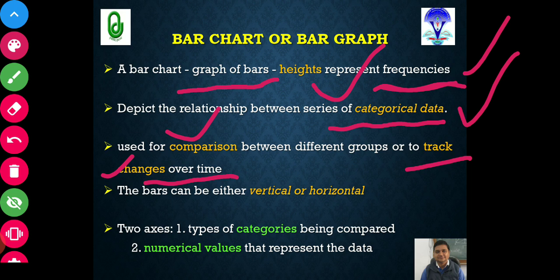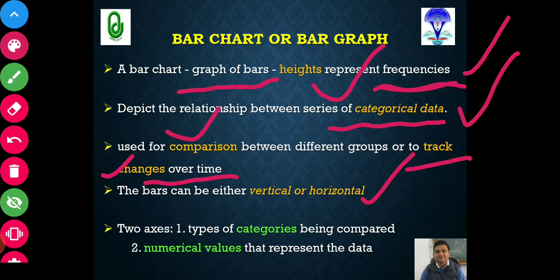It is used for qualitative data, and that too for comparison or to track the changes over different periods of time. The bar can be either vertical or horizontal. We will see in later classes how vertical or horizontal bar charts can be prepared. So this is all.